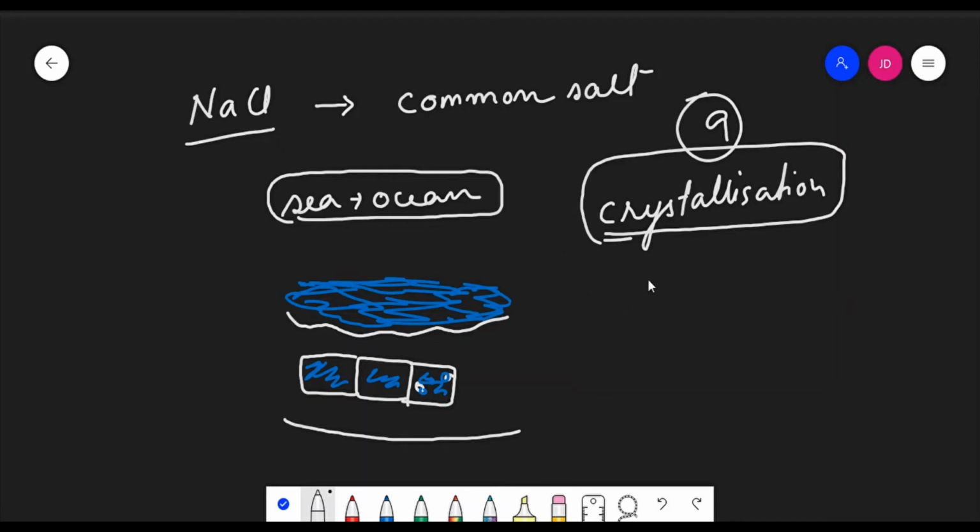Sometimes NaCl can be found in places where there is no ocean. Let's say this is the earth and this part was ocean, very early days, prehistoric, before human beings, maybe dinosaur time.